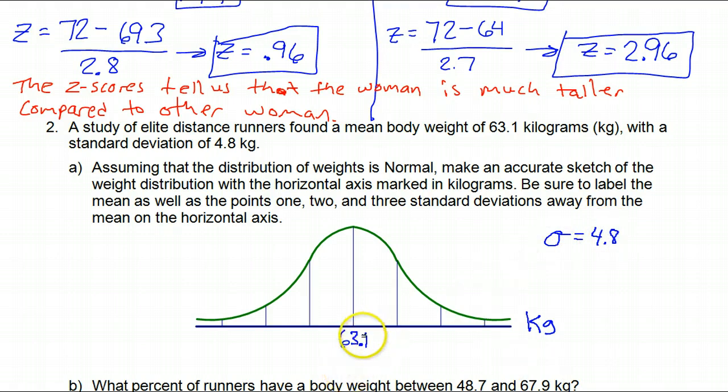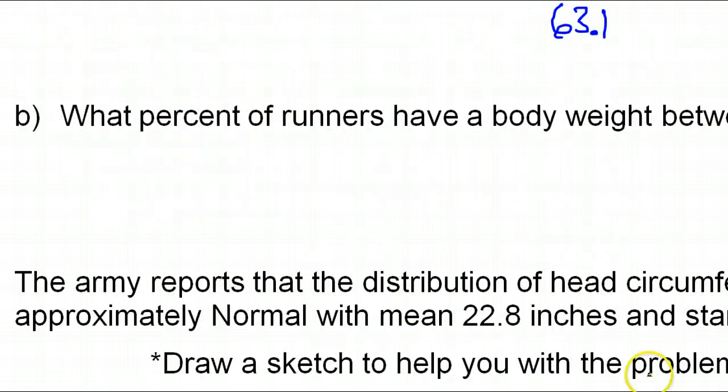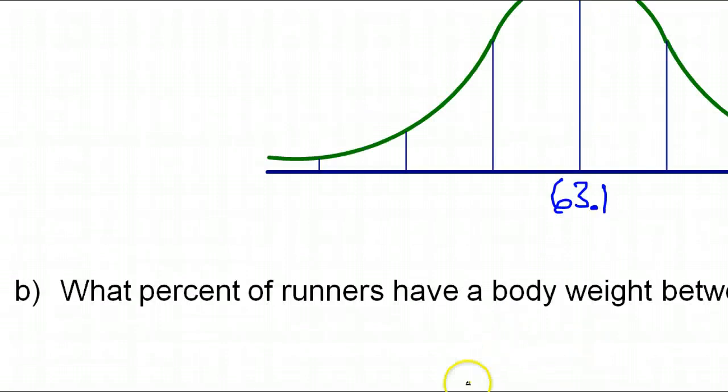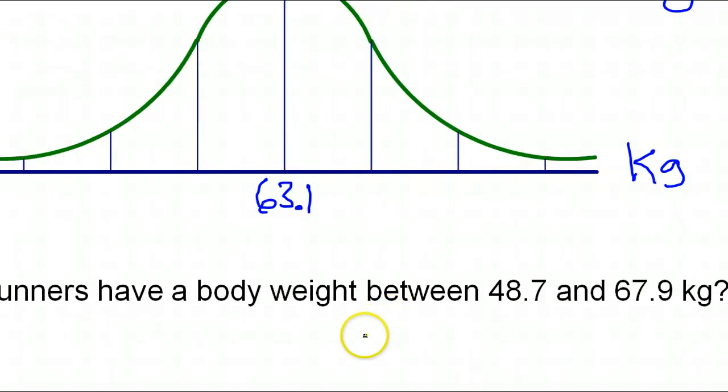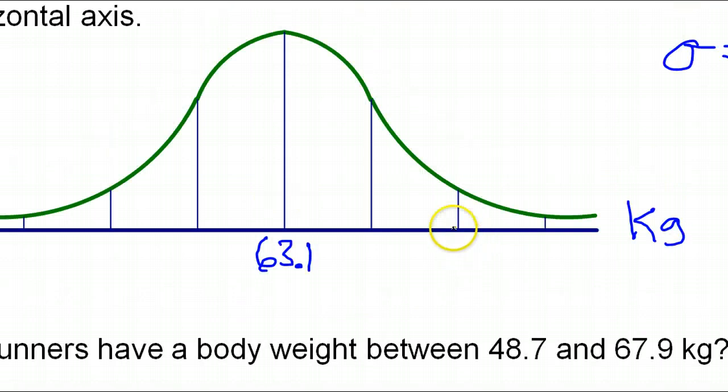With that in mind, I can find these other values by adding or subtracting 4.8. So if I do 63.1 plus 4.8, I have 67.9.